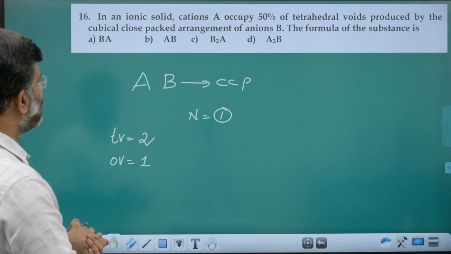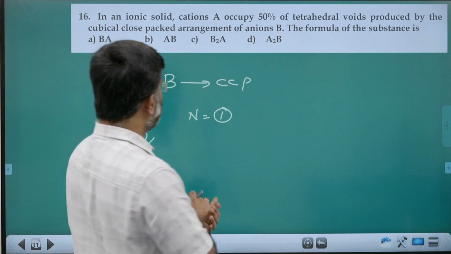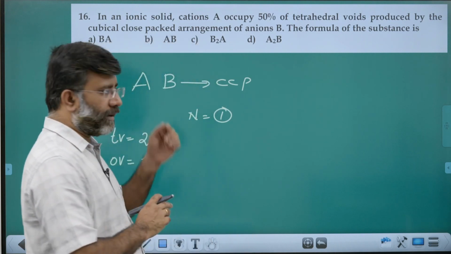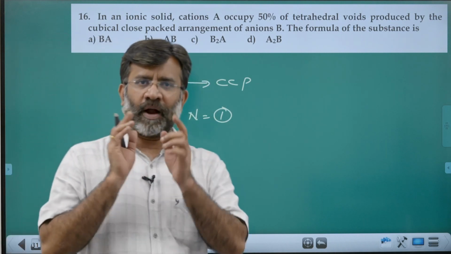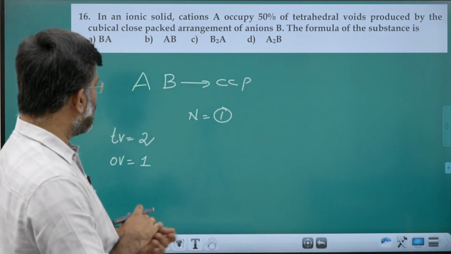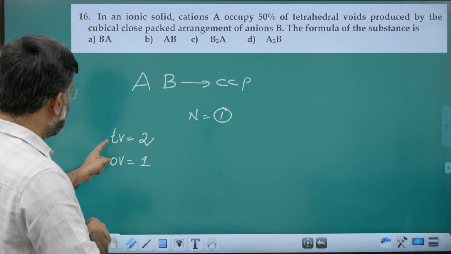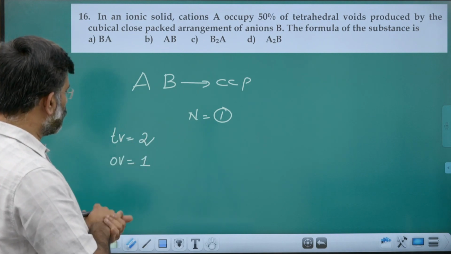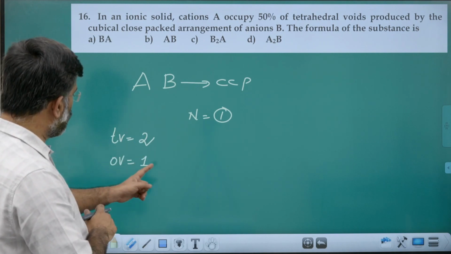Already we have discussed, let the number of atoms be 1, that means N equal to 1. Then number of tetrahedral voids will be 2N and number of octahedral voids will be 1.